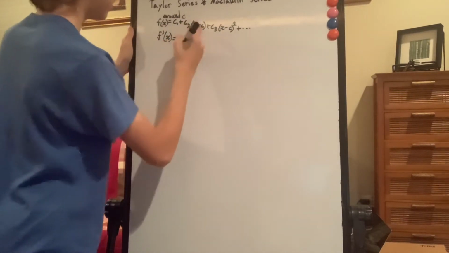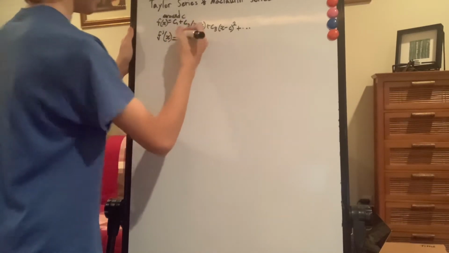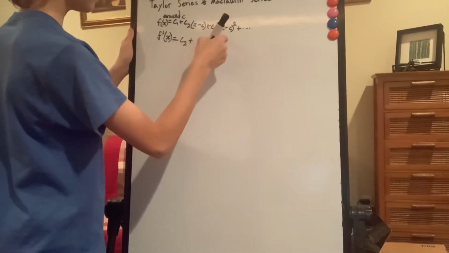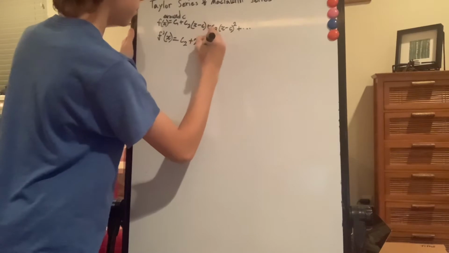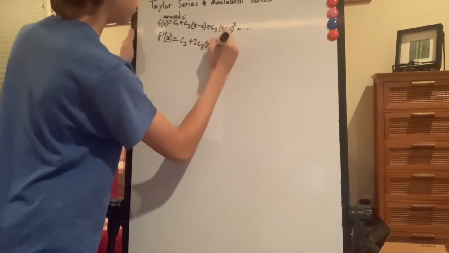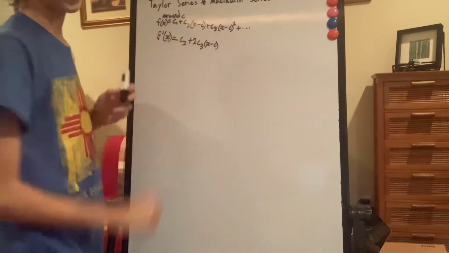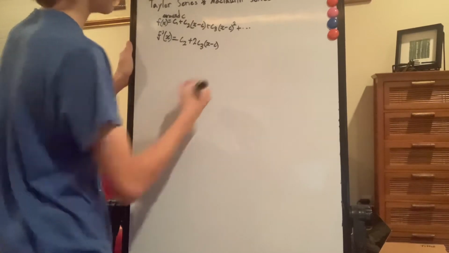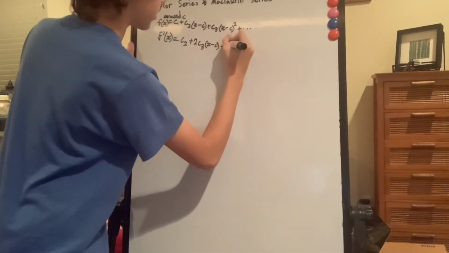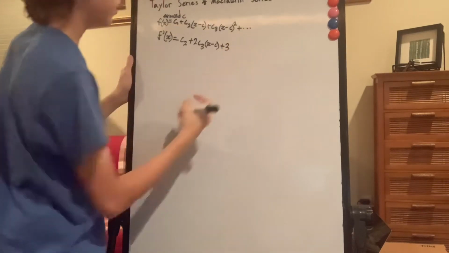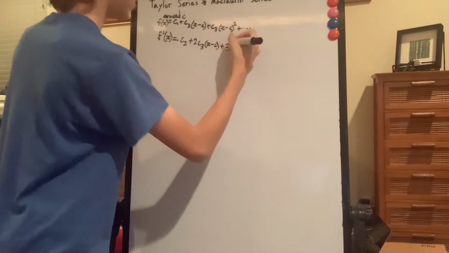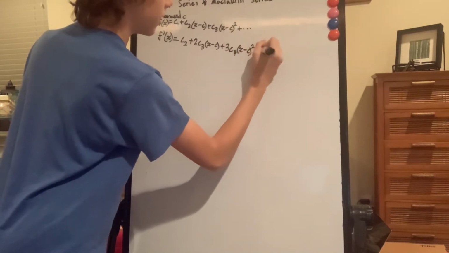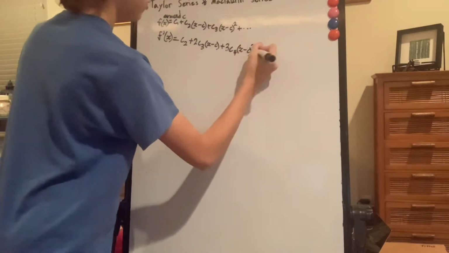The first term in this case is going to be c sub 2, plus here it's going to be 2c sub 3 times x minus c. And with the chain rule, the derivative of the inside is 1, so nothing interesting there. Plus the next term is 3 times c sub 4 times x minus c squared, and this just goes on forever. So, okay.